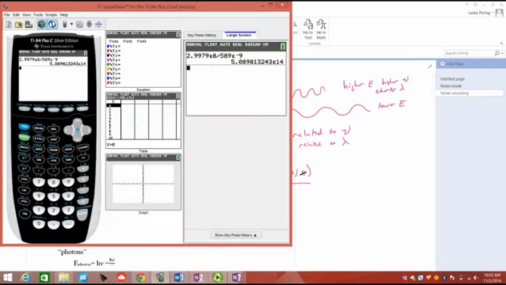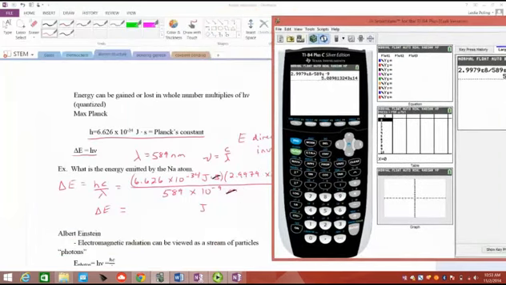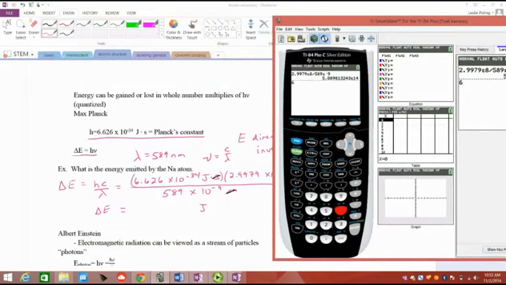So we have 6.626 times 10 to the negative 34 times 2.9979 times 10 to the 8th divided by 589 times 10 to the minus 9.